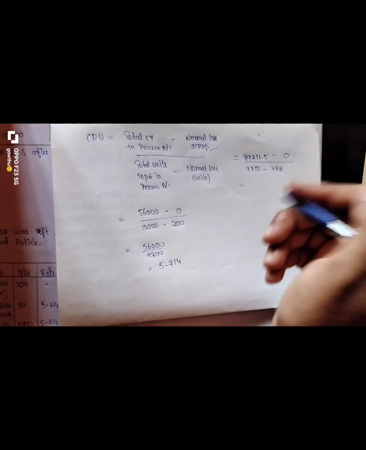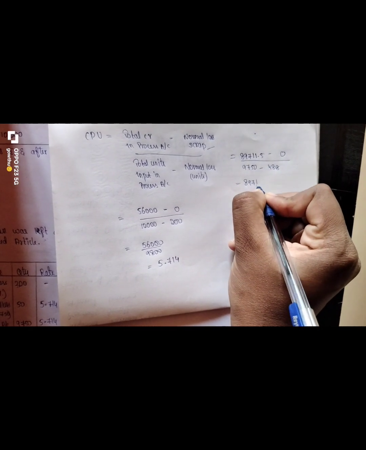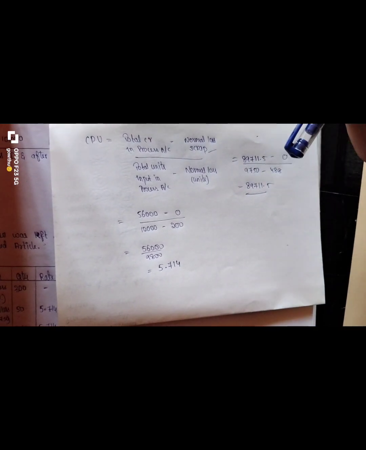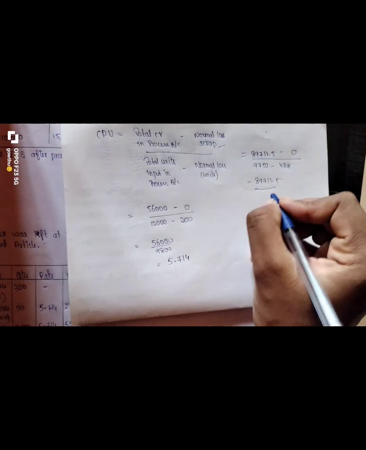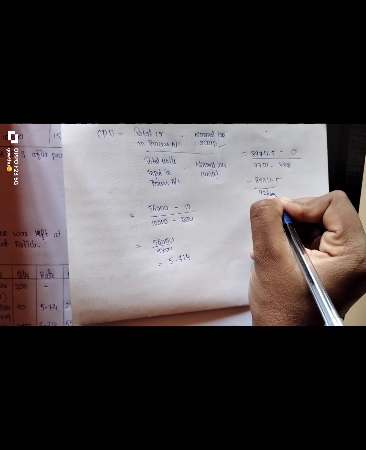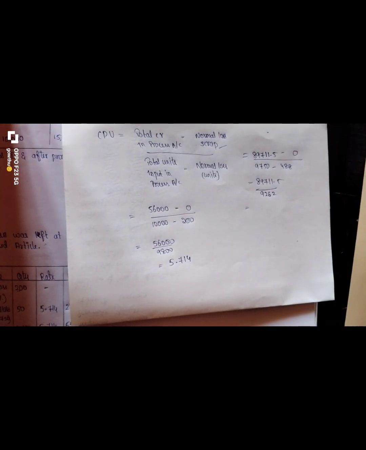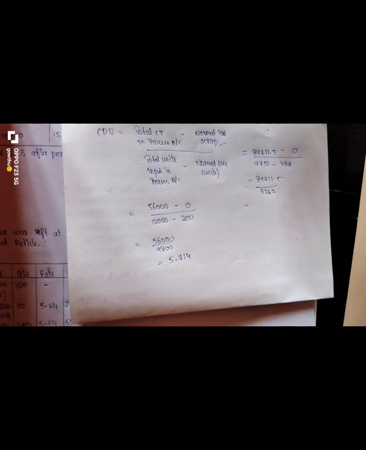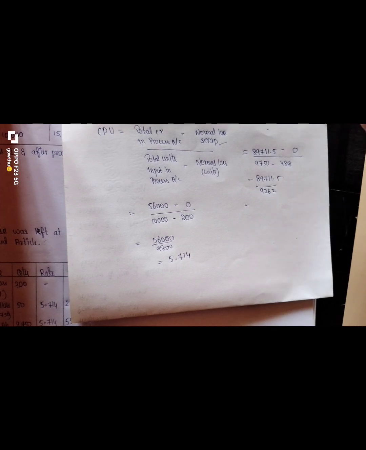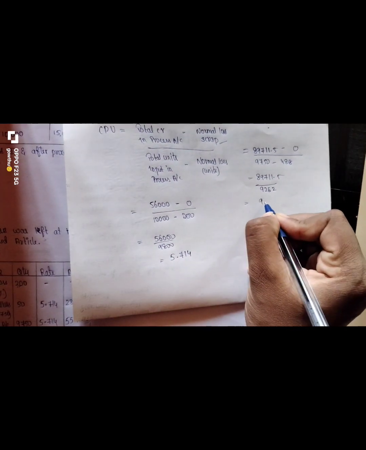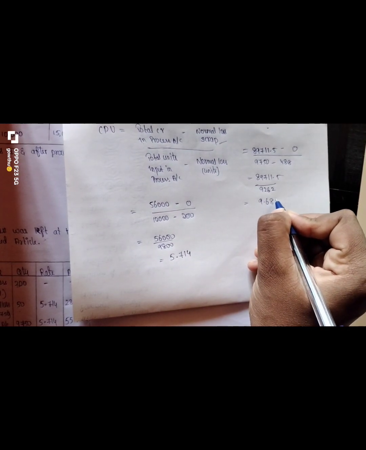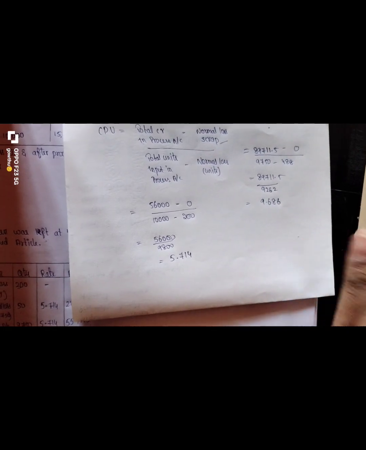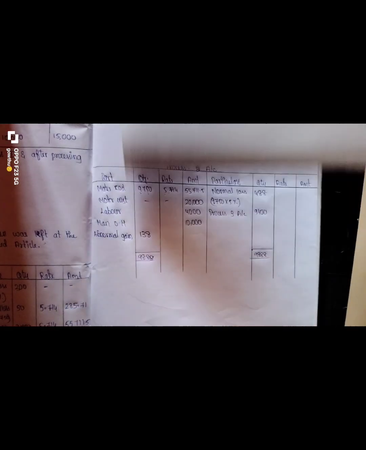Now we have to take divided by 9,750 minus 488. We will get 9,262. If we divide 89,711.5 by 9,262, we will get 9.686. So this value will be the cost.